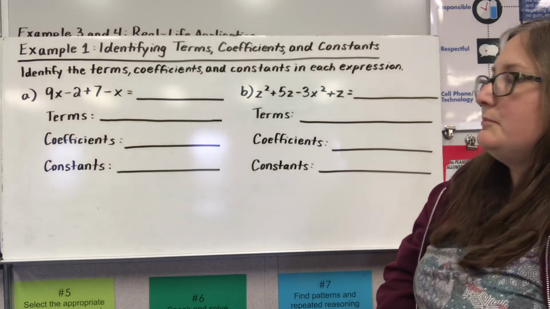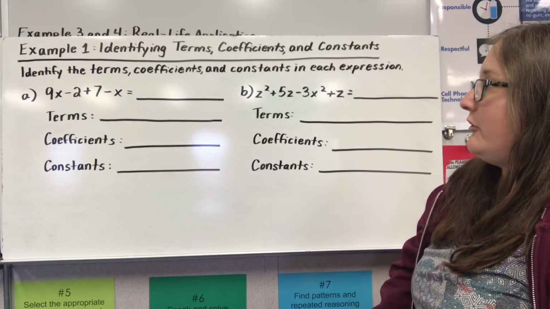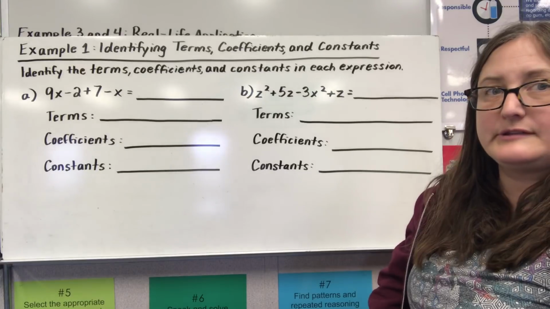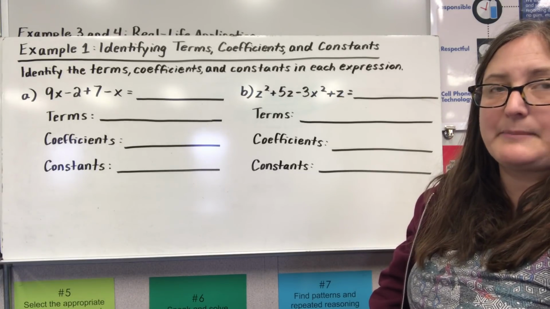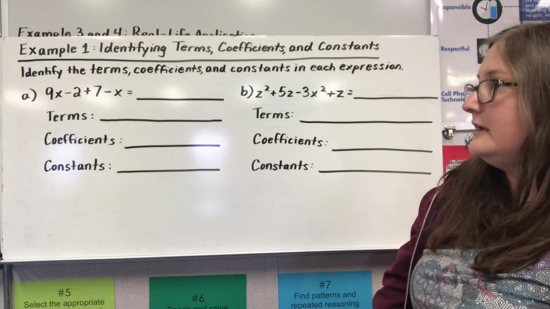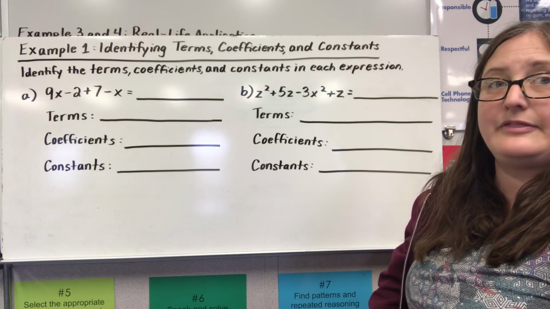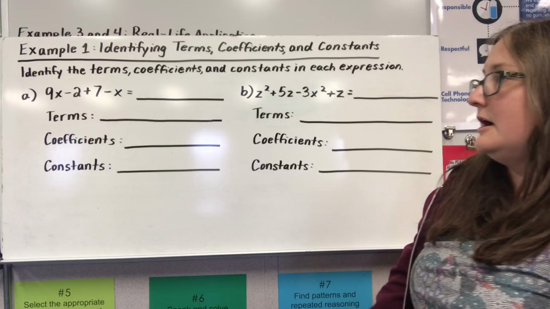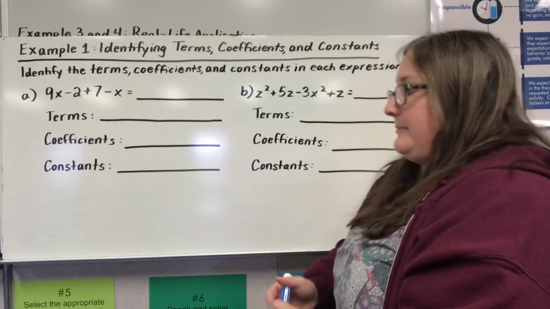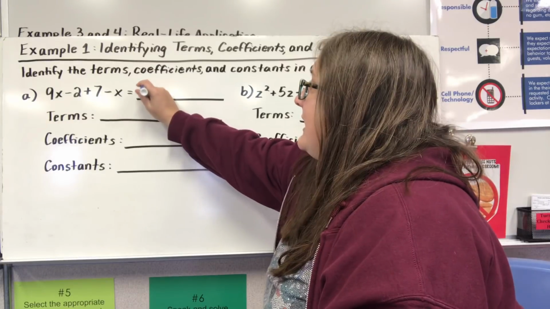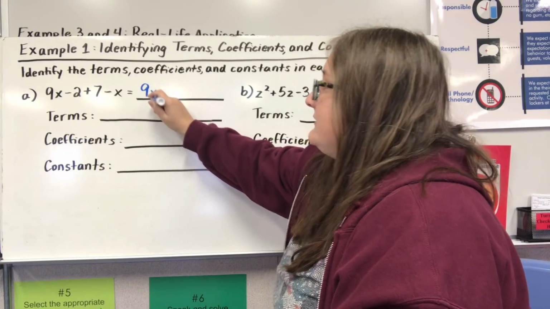So let's look at a few problems and let's identify the terms, the coefficients, and constants. Remember, in order to do this, all of the terms need to be separated by addition signs. Sometimes that's not the case, and I have to add the opposite in order to make my problem an addition problem. So let's start with this one. We've got 9x, and then we come to a subtract.